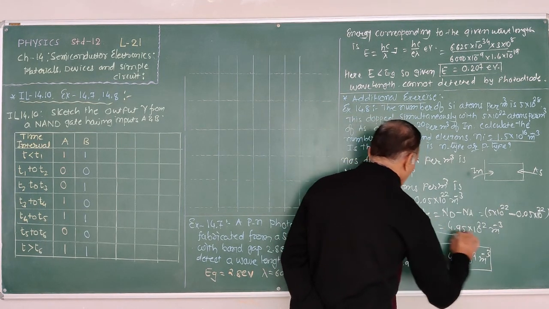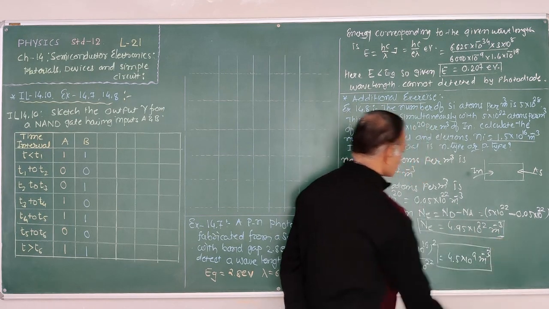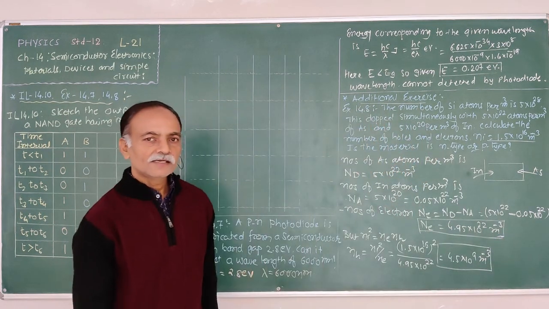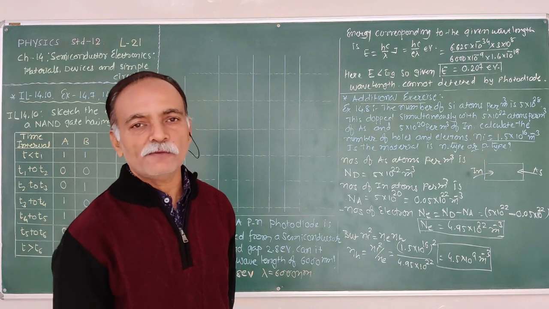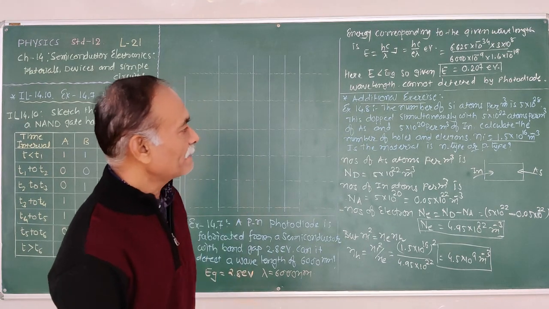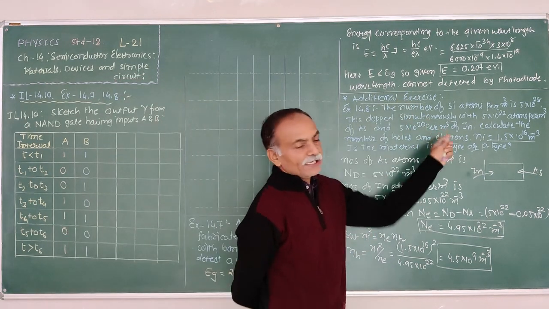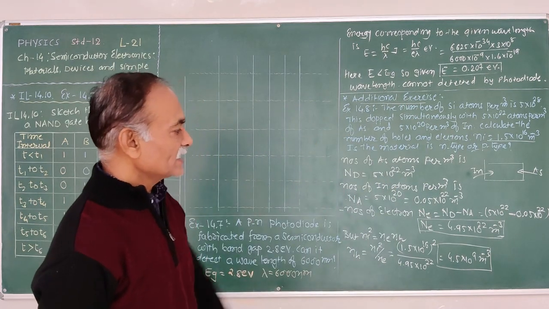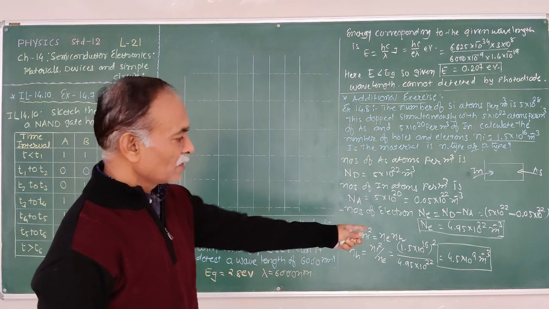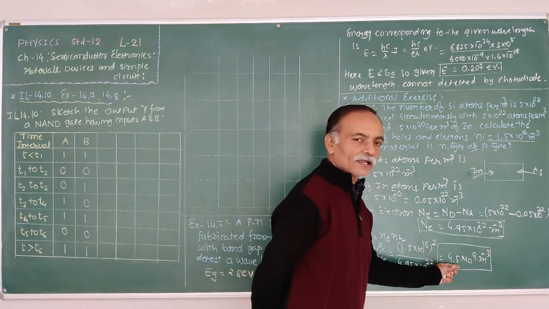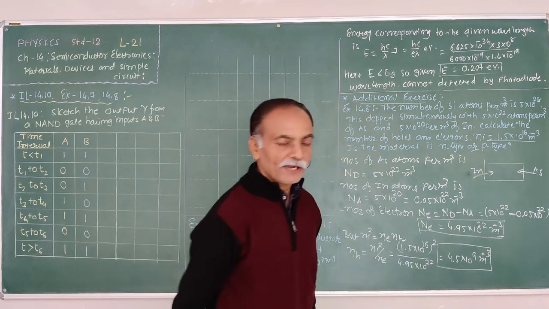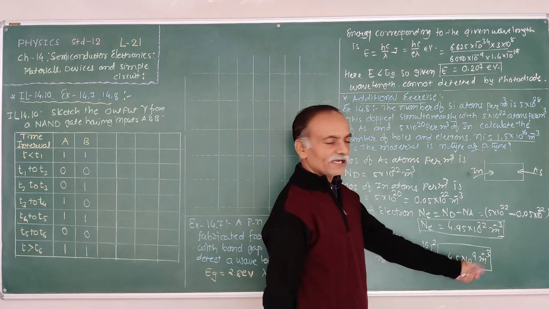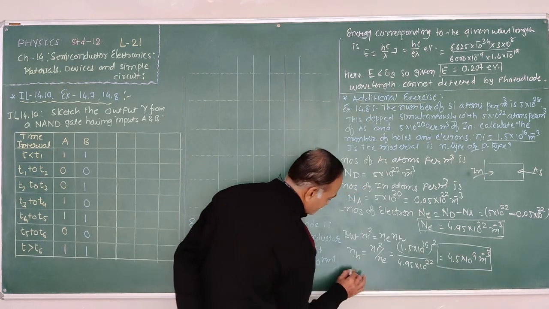And that is the number density of electrons. So here, which type of material is formed, N type or P type, after adding the arsenic and indium impurity atoms? Here the number density of the electrons is much more than the number of holes. It is 4.95 into 10 to the power 22, while here only 10 to the power 9.